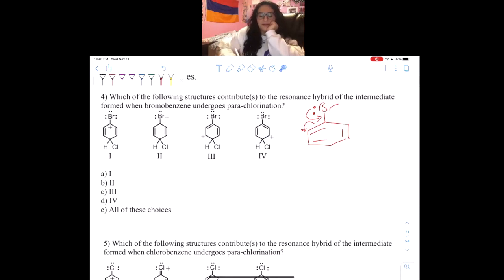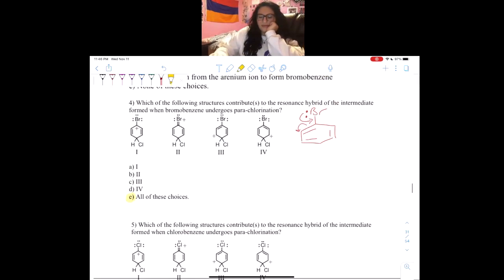We could also have the double bonded bromine with the plus charge. Or, with the new information I just gave you guys, we can also express it as a plus charge on the carbon to which the bromine is bonded. So our correct answer here would be E, all of the above.